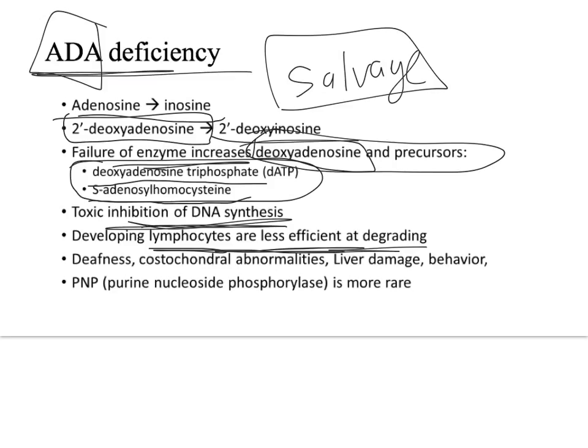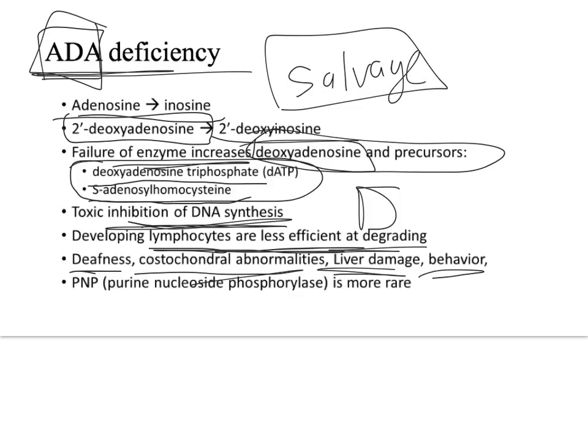They're already less efficient at degrading all this stuff, and then you throw in the failure of their adenosine deaminase making it even worse than it was, and so now they're just going to build up the toxic metabolites and die. People with this usually have deafness, costochondral abnormalities, liver damage, and behavior problems on top of the severe combined immunodeficiency.